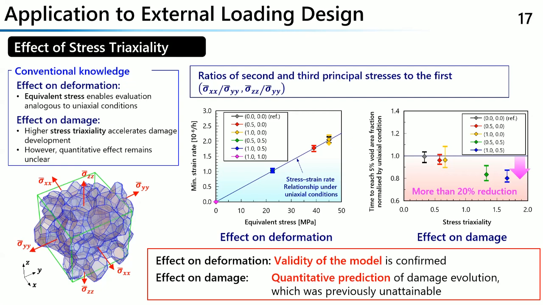As a result, we can see the deformation can be quantified based on equivalent stress, which is coincident with conventional knowledge. And also, we know higher stress triaxiality accelerates the void nucleation growth behavior. We could quantitatively evaluate such tendencies.